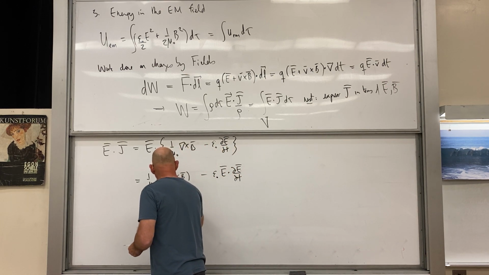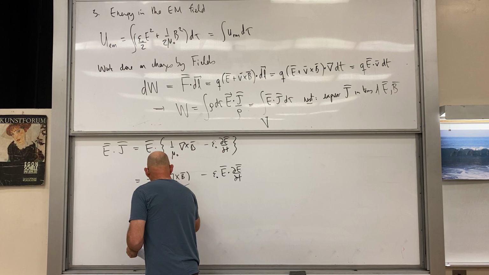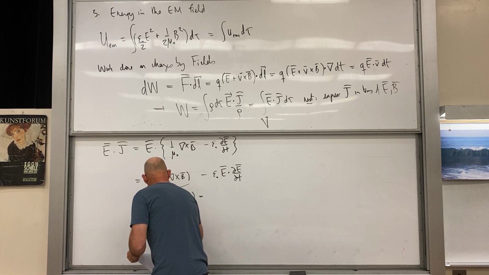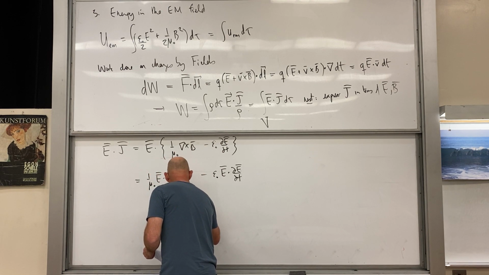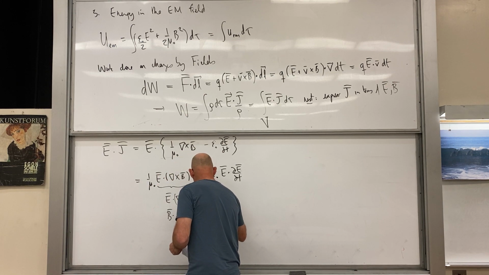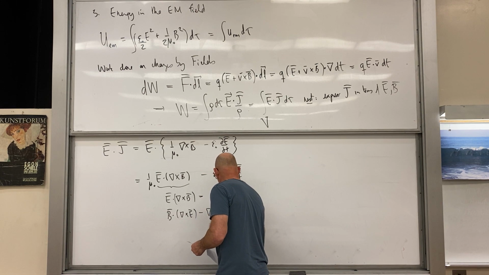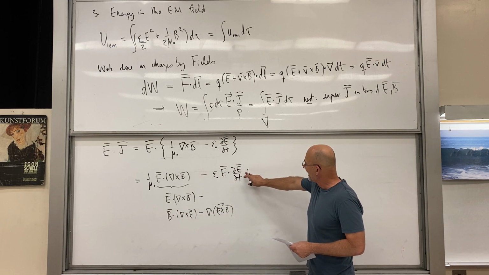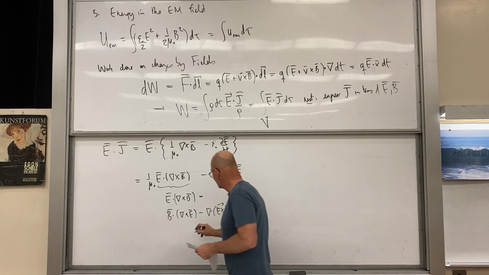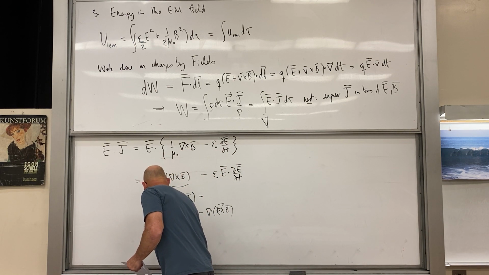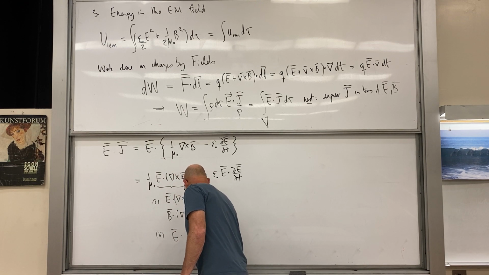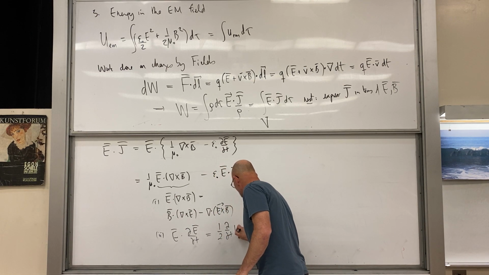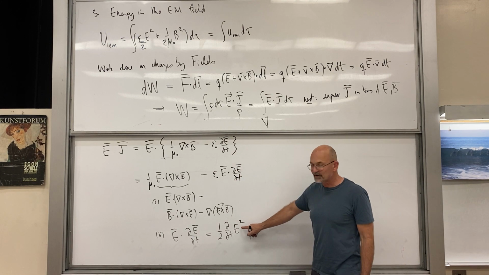So I'll write directly under here for this product rule: E dot curl of B equals B dot curl of E minus divergence of E cross B. And then you'll notice this E dot dE dt will be 1/2 the time derivative of E squared, or the vector E dotted into itself.